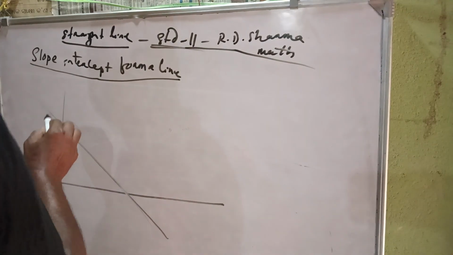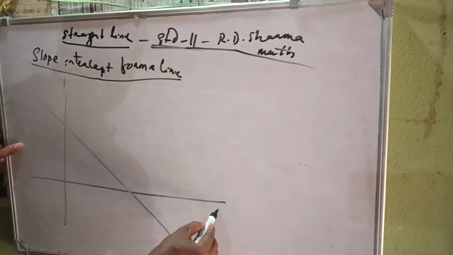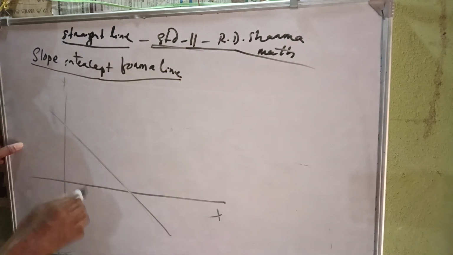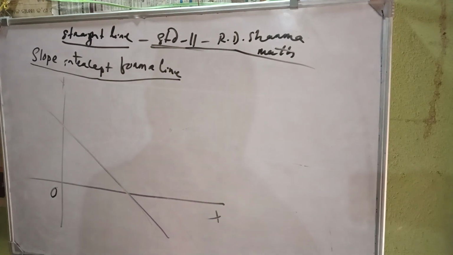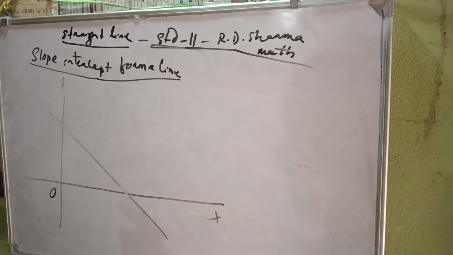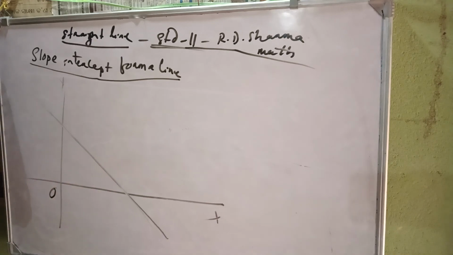If you see, this is the y axis and this is the x axis. This is the origin point. Firstly, I will tell you one question. After that, you will find how we will do it and how we will find the answer. Then you will get the concept.